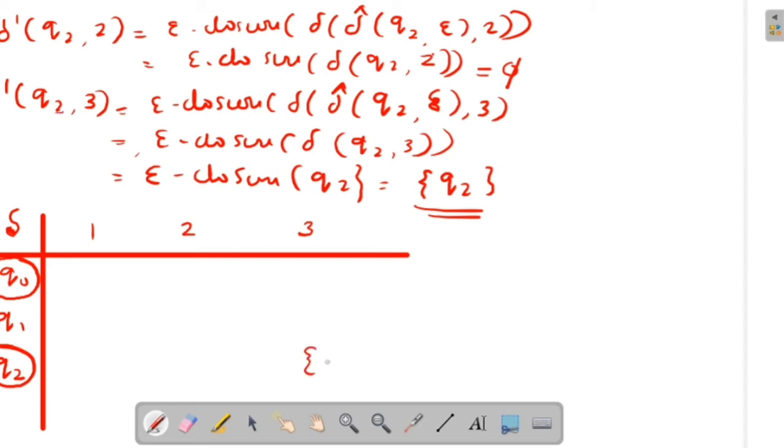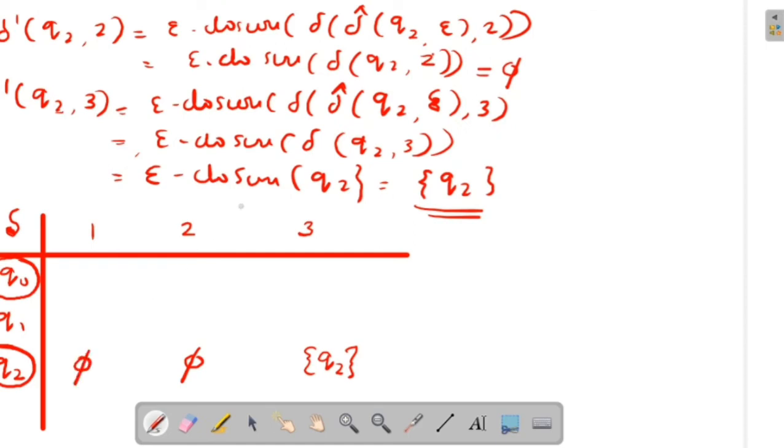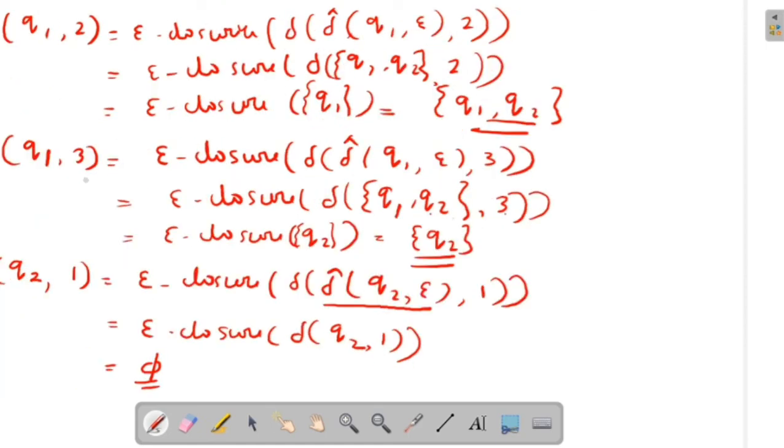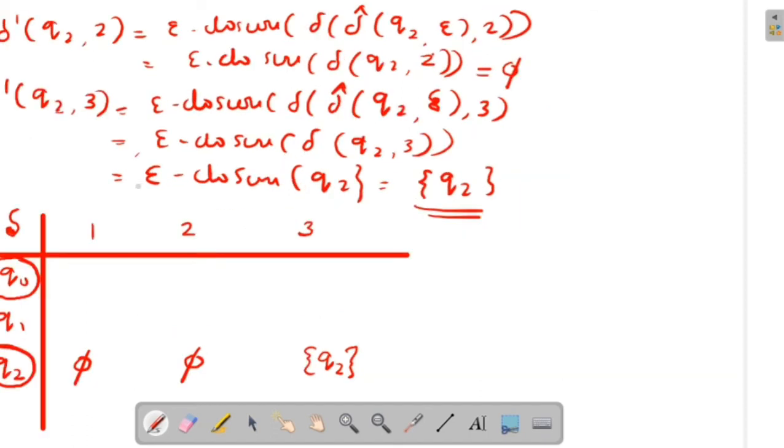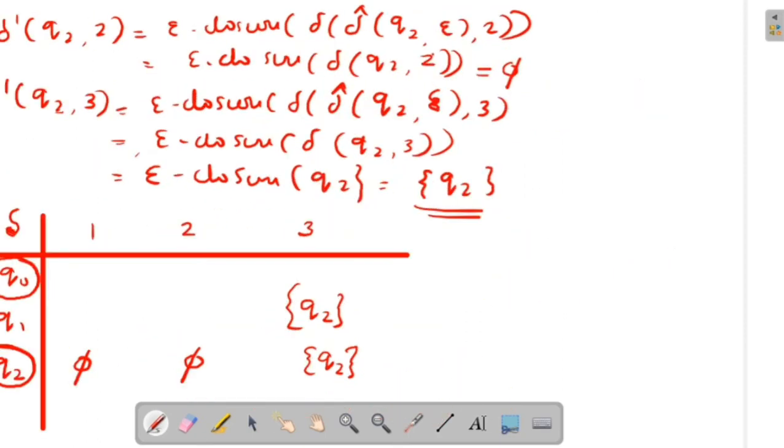Then Q2 comma 2 is null set. Then Q2 comma 1 is null set. Then Q1 comma 3 is Q2. Then Q1 comma 2 is Q1 Q2.